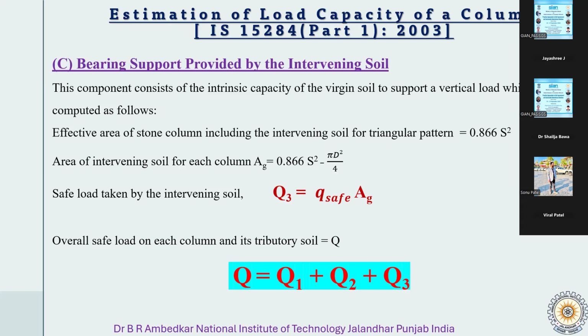When we have to make the stone columns in the mixed soil, then we have to again calculate both the C and phi, and this capacity is generally estimated by Bell's formula for passive pressure. And the surcharge effect and bearing support of intervening soil again have to be obtained like Q2 and Q3, just like in the same soil.